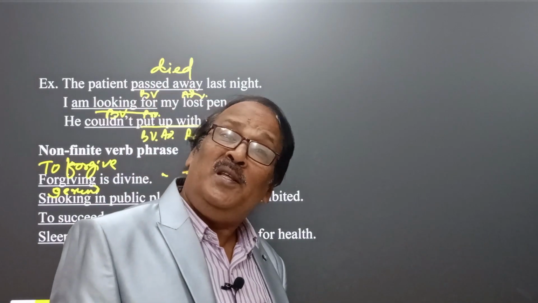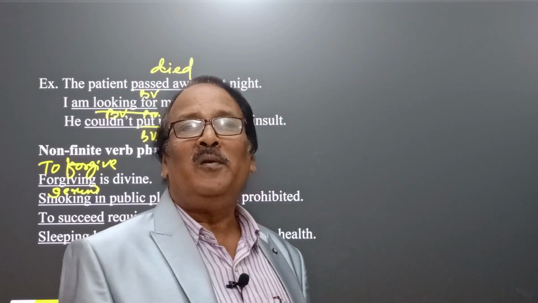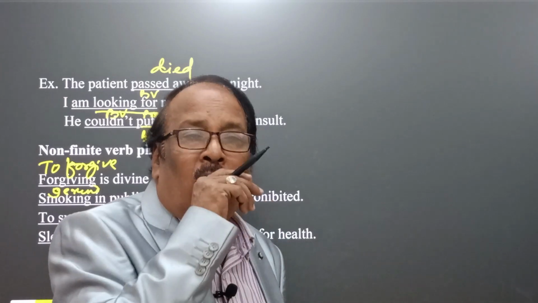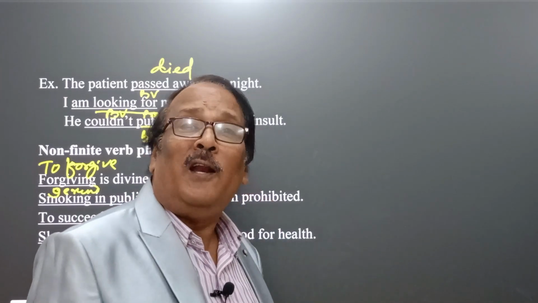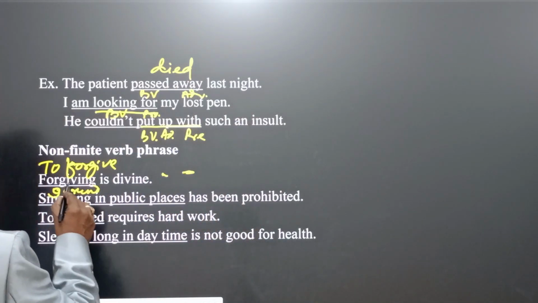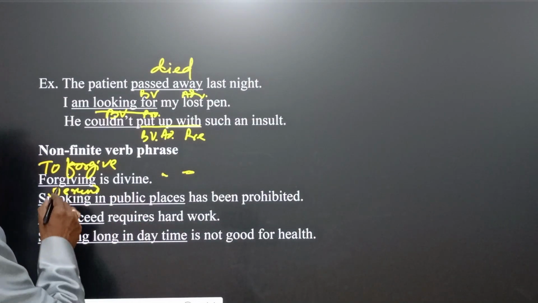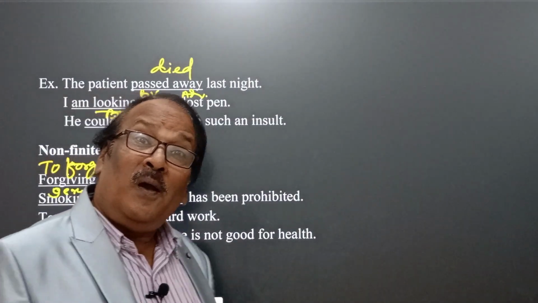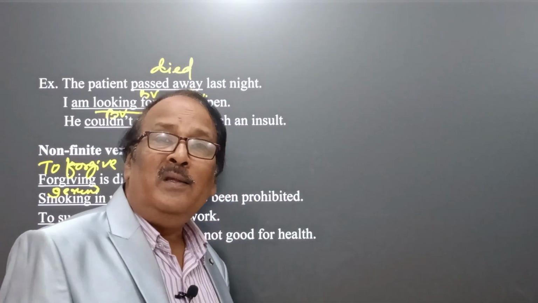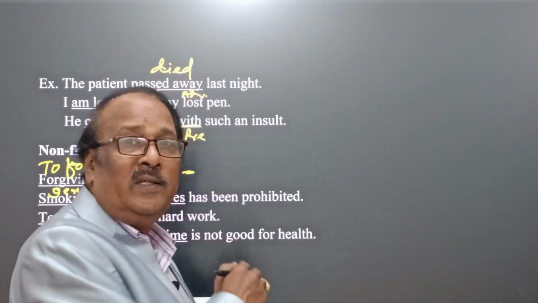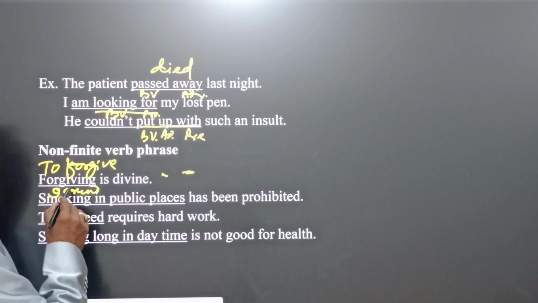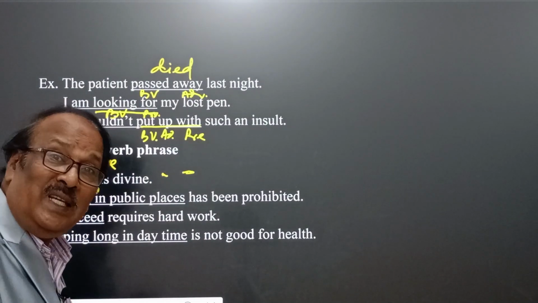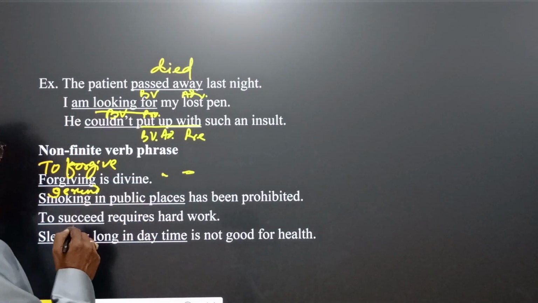Whenever the ing verb form, or present participle verb, is used as a noun, it is what we call a gerund, or what we say, verbal noun. And here, forgiving is divine. Here the present participle verb form has been used as a gerund, and this gerund is used as the subject of this sentence.